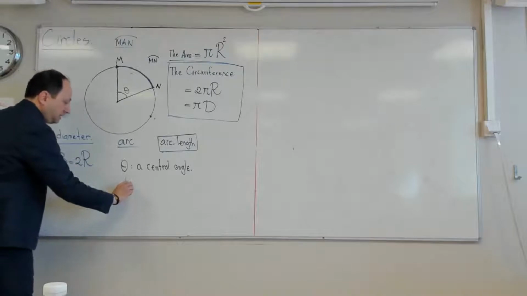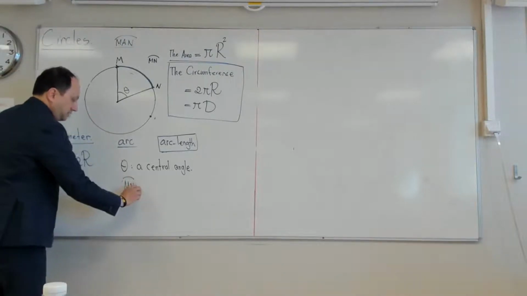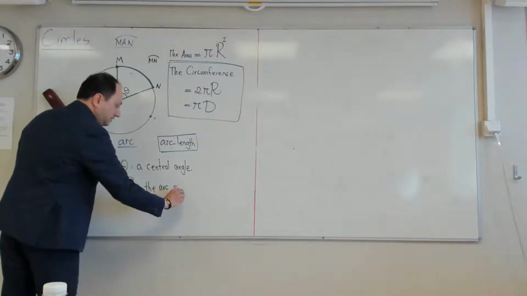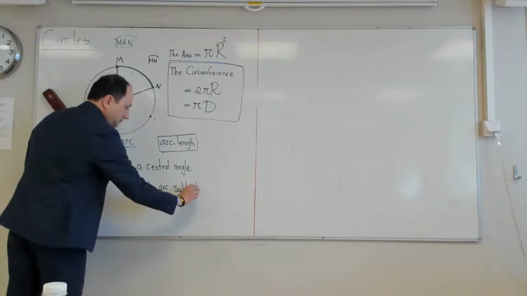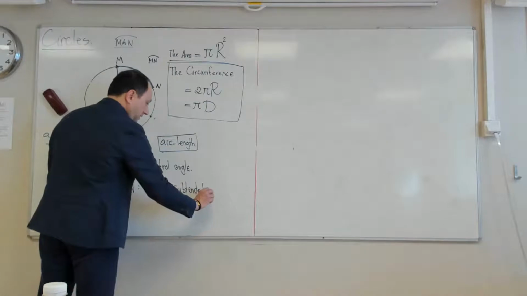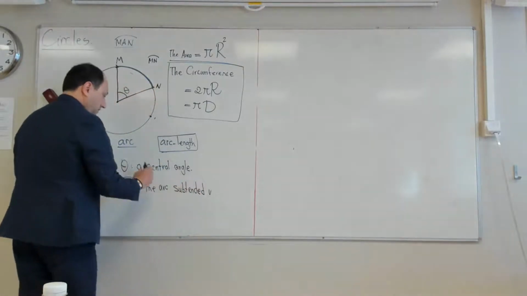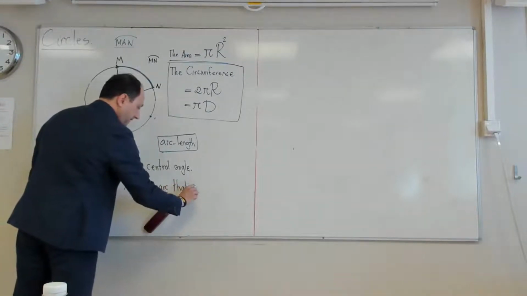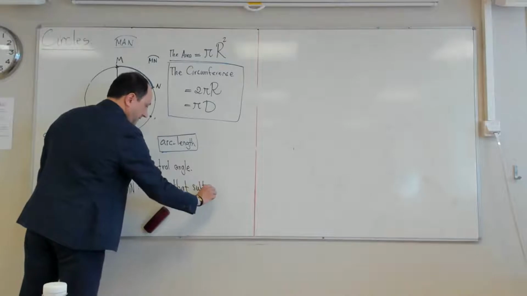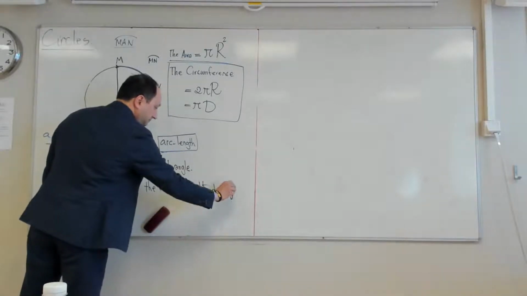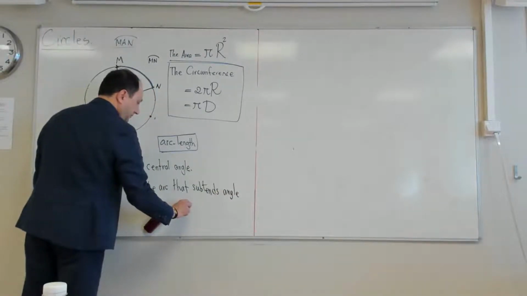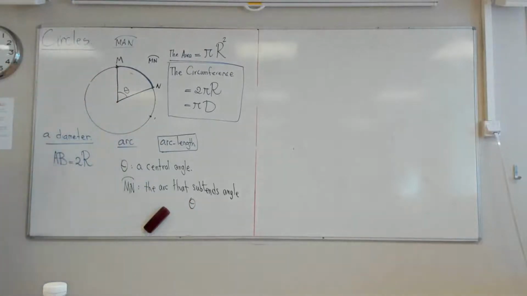I would say that the arc MN is the arc, this is the terminology, subtended with, the arc that subtends angle theta. Or I have forgotten a little bit which way it is. Is that the correct English word for that?